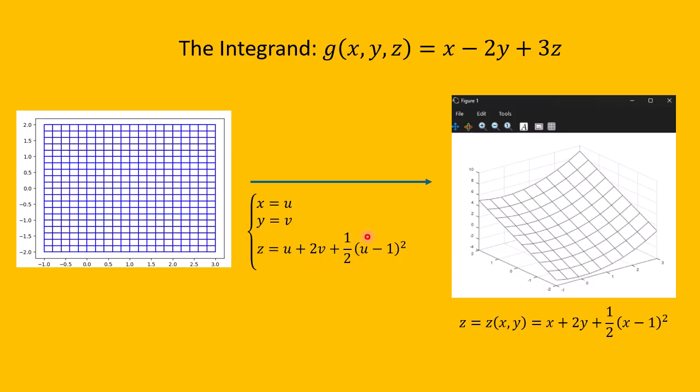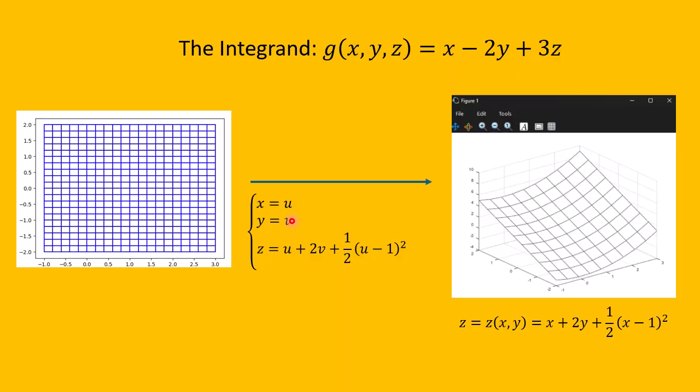Let's remember that this surface given as a Cartesian equation was this stuff. But if we let x be u, that means that every x that we have over here we can replace with u's over here. And since we're letting y be v, every y that we have here is going to be represented by v in this formula for z.